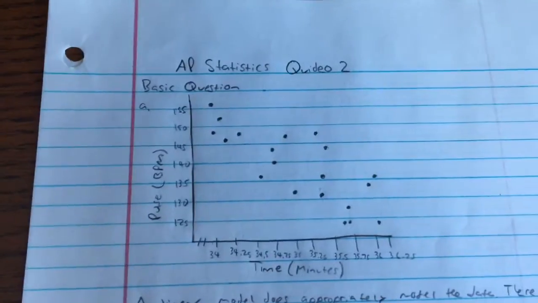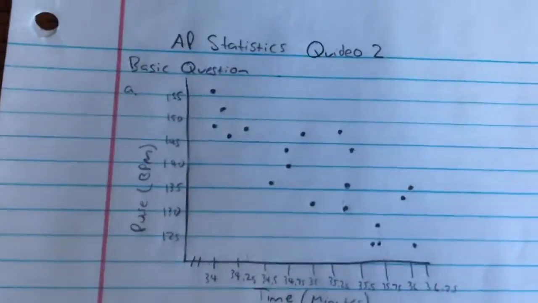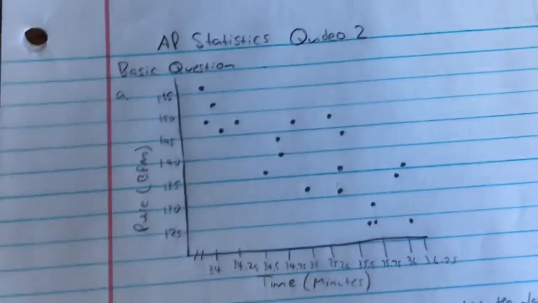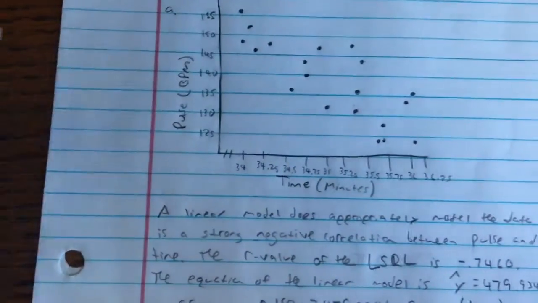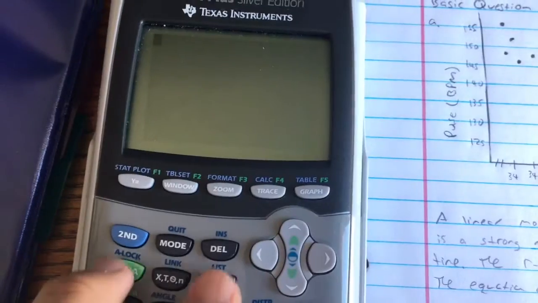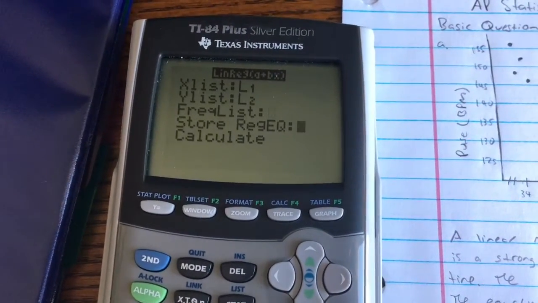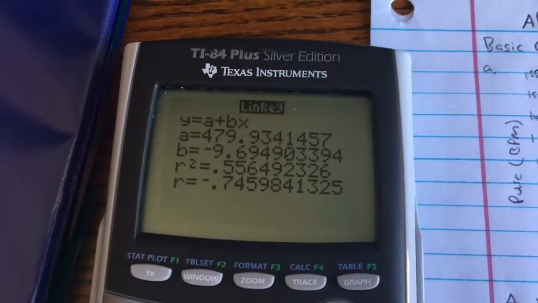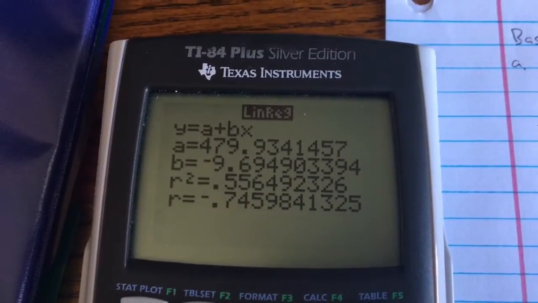So on paper I actually graphed this out, and we can see that it definitely does appear to be linear in shape, specifically with a negative correlation. So I went ahead and put the data into my calculator and calculated a regression line, and it reveals a correlation coefficient of about negative 0.76.